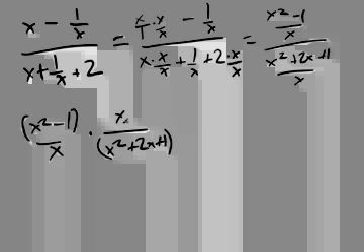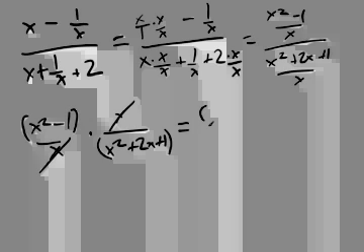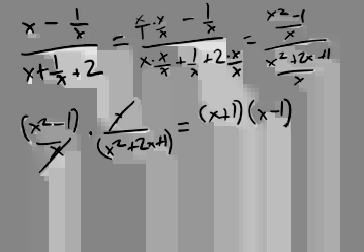Now, we can see that the factors x are going to cancel out here, and then we have x squared minus 1 over x squared plus 2x plus 1. If you take a look at it, you probably puzzle out that x squared minus 1 is equivalent to x plus 1 times x minus 1.